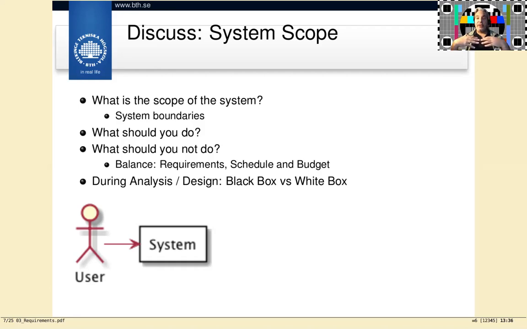I would try to not look inside that box, which is called a white box, during requirements analysis, because I want to know what the system should do, not how it should do it. The moment we start looking into how a system should satisfy a certain request, for example, then we are doing design. Then we are making all sorts of decisions that are excluding other ways of doing things.